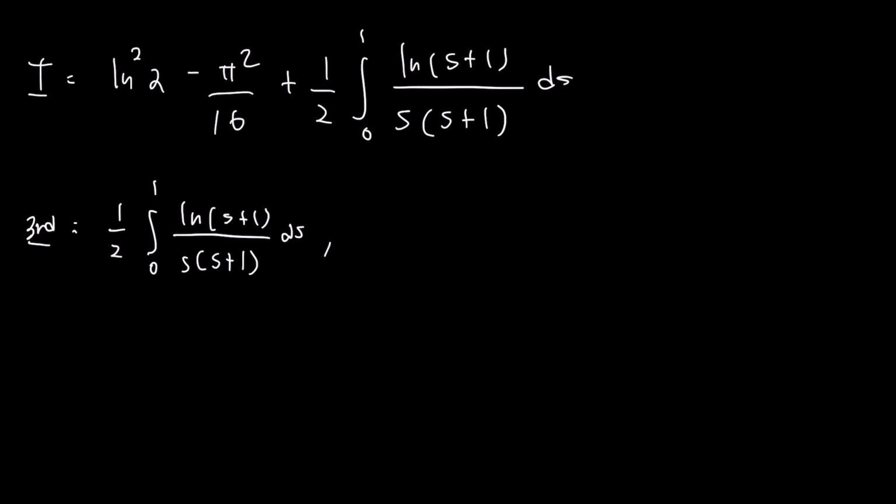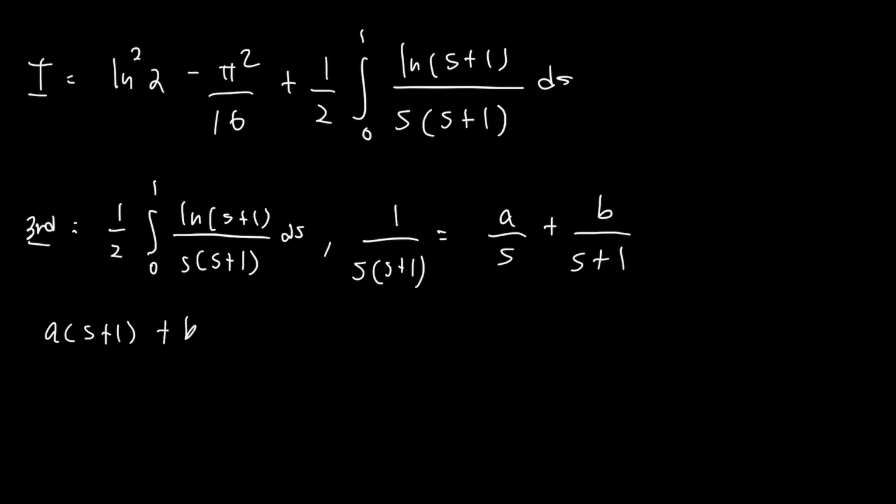So 1 over s times s plus 1 can be decomposed into a over s plus b over s plus 1. So getting a common denominator, we have a times s plus 1 plus b times s equals 1, which means that as plus a plus bs equals 1.